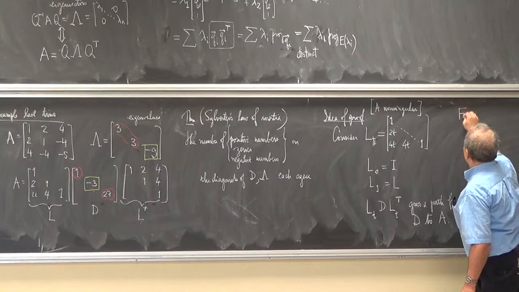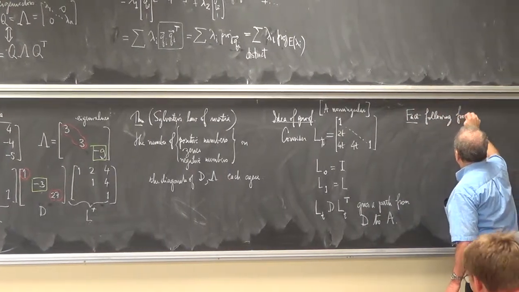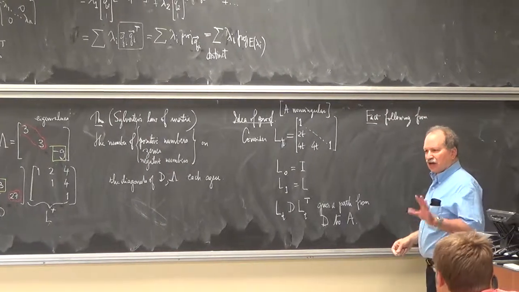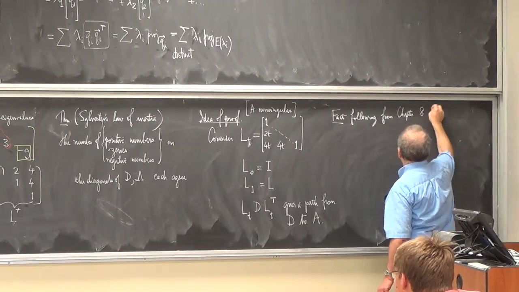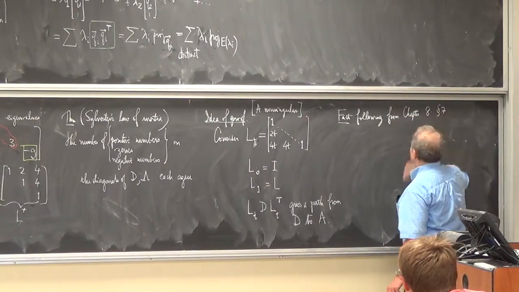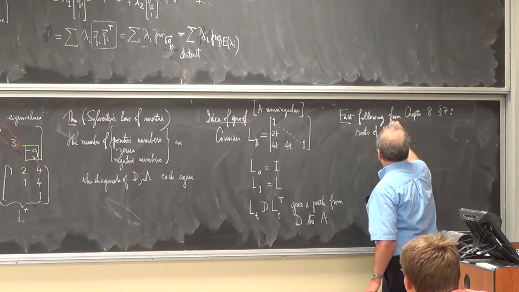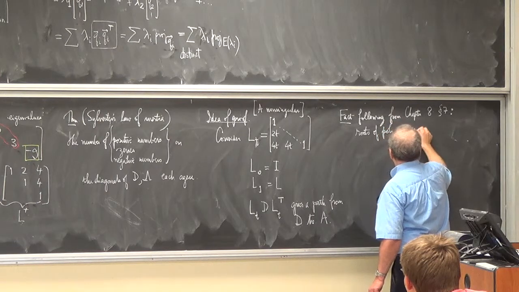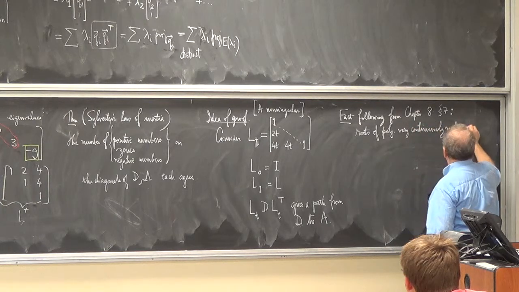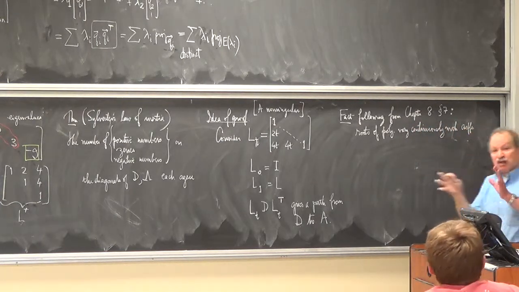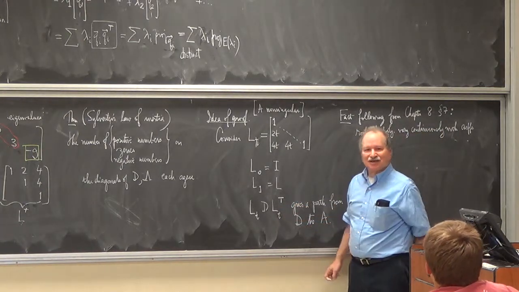So it's a fact that follows from what we did in our stuff with winding numbers and homotopy. So that's chapter 8, section whatever it was, the last section, that the roots of a polynomial vary continuously with the coefficients. So as you vary the matrices continuously, the characteristic polynomials vary continuously.